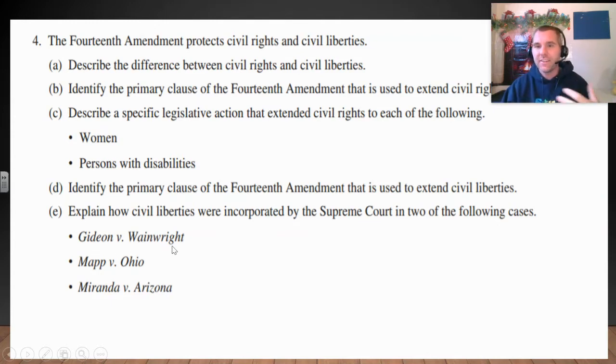You have a right to have that Sixth Amendment protection at the state level, and that gets carried over to the state. Mapp versus Ohio is all about unreasonable searches and having evidence dismissed if it's gained illegally. And then Miranda versus Arizona is the right to know your rights once you're accused of a crime, and know your protections and what rights you have because of your due process.